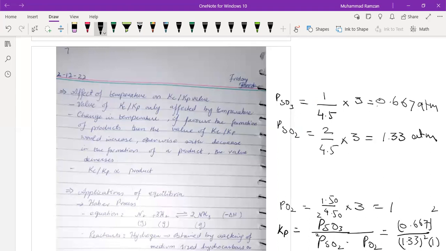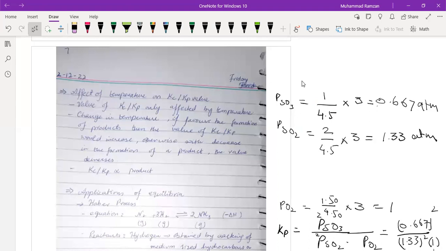For gases, we can use the Kc expression if only concentration data is provided, but we can also use the Kp expression if pressure is provided. So this is about Kc and Kp.